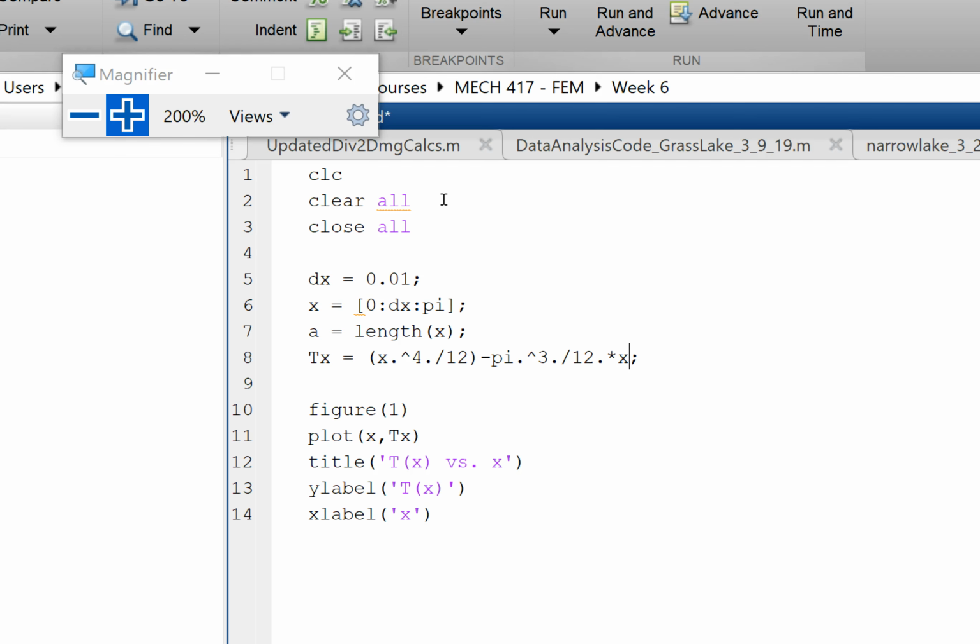The actual temperature. Okay, you got it now? Okay. How you doing, Ryan?